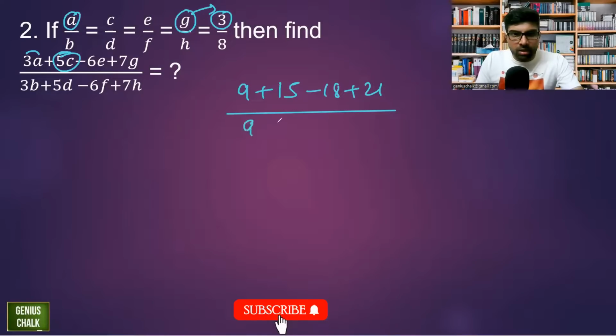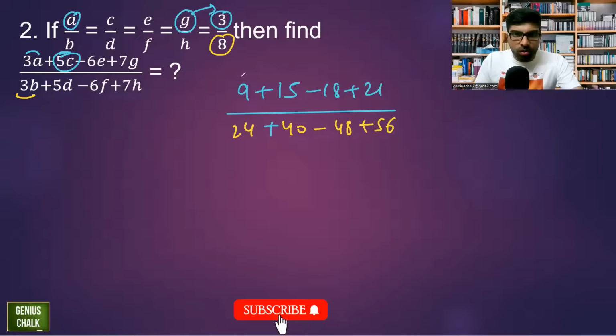3B, again everything is the same, so instead of 3 it is 8 now. B is 8, so 3 8s are 24, 5 8s are 40, 6 8s are 48, and 7 8s are 56.